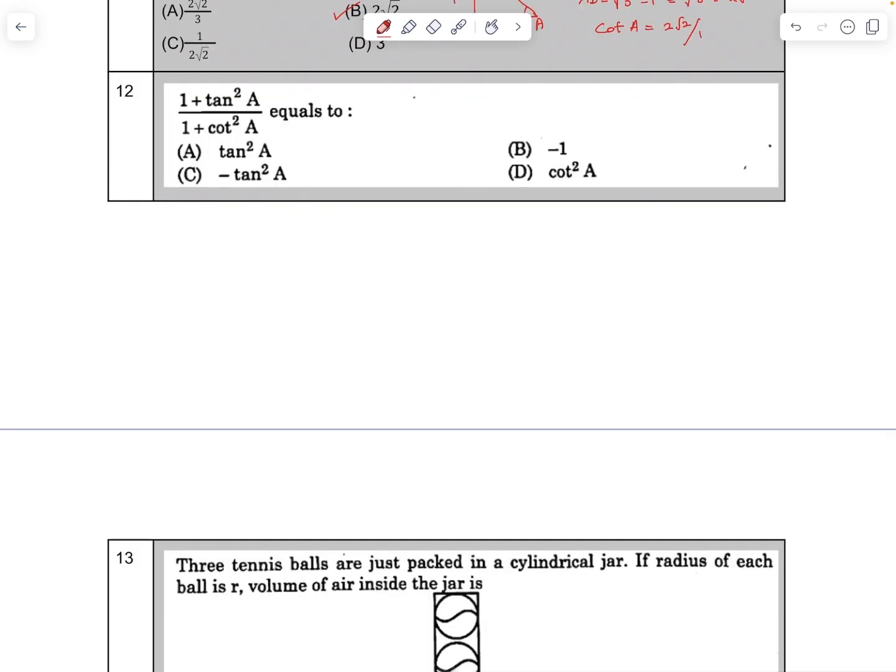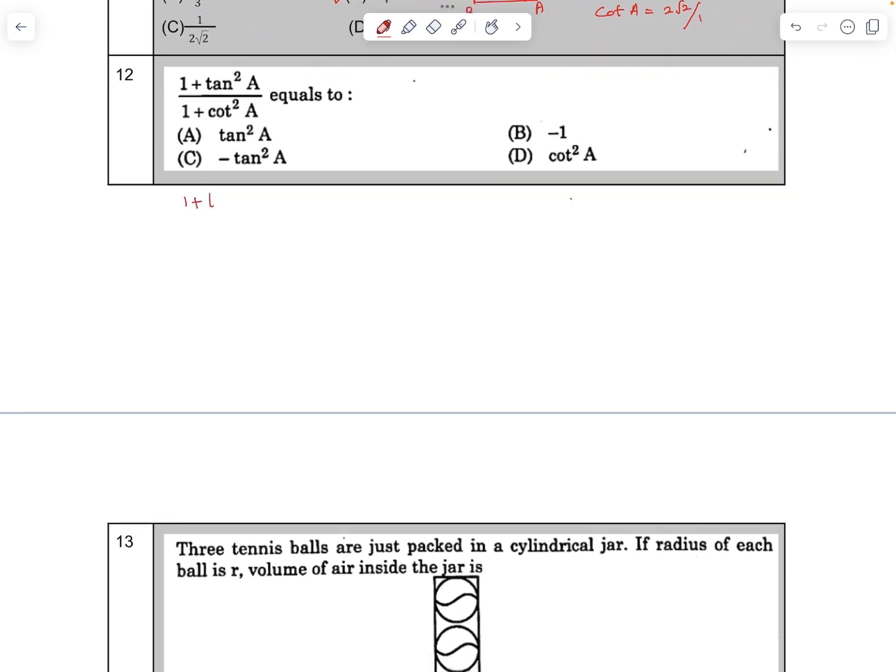Question number 12. 1 plus tan square A upon 1 plus cot square A equals to. The given expression is 1 plus tan square A upon 1 plus cot square A, which can be written as 1 plus tan square A upon 1 plus 1 upon tan square A. By taking the LCM, the denominator becomes tan square A plus 1 upon tan square A. This tan square A goes to the numerator.